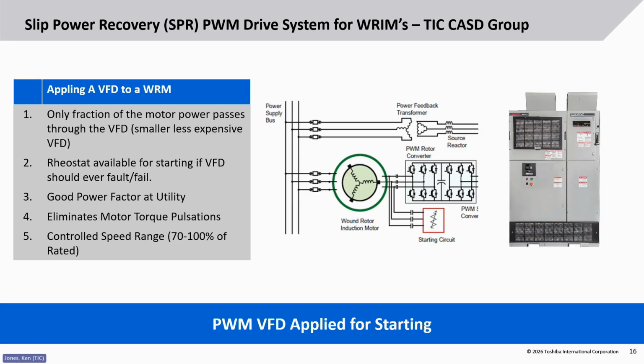There are things called slip recovery drives that can be applied to a wound rotor machine, in which the resistors are part of the circuit during the starting process, but as it's brought up to speed, the resistors are dropped out and the drive then becomes part of the control process.